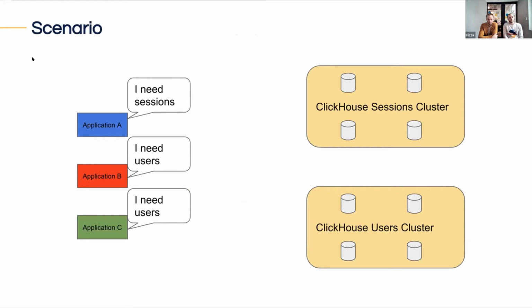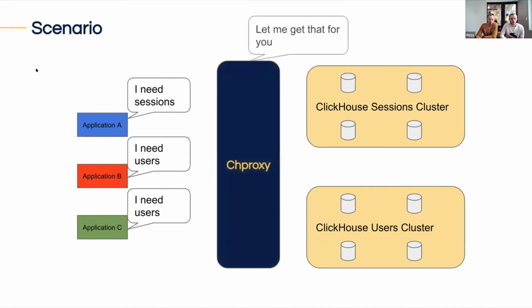Now let's imagine the following scenario where we have 3 applications, A, B, and C. The first one will need to query some data from the ClickHouse session cluster, while the 2 other applications, B and C, will need to get some user data. This data will be served through Chproxy.